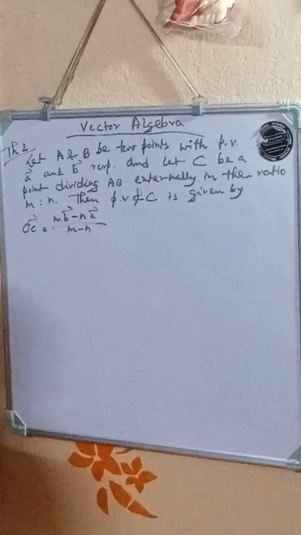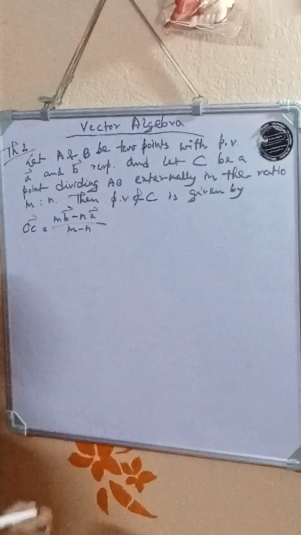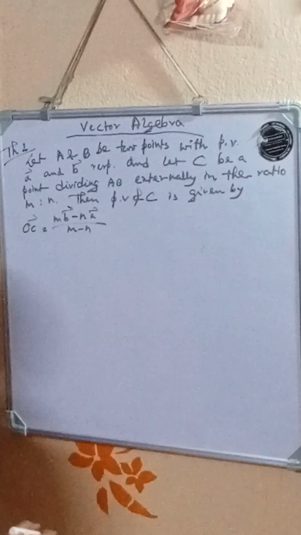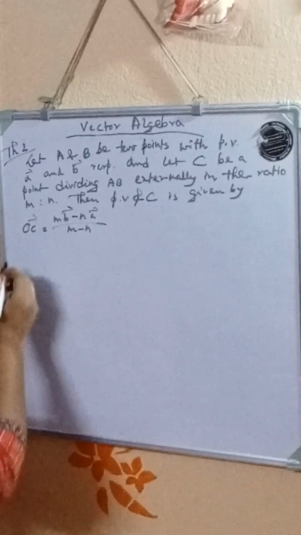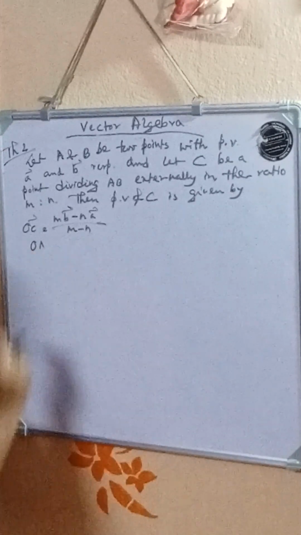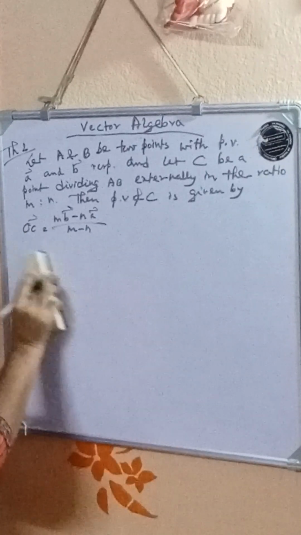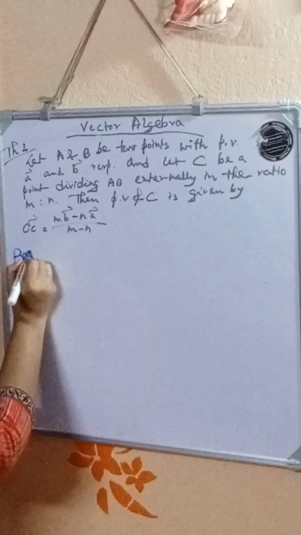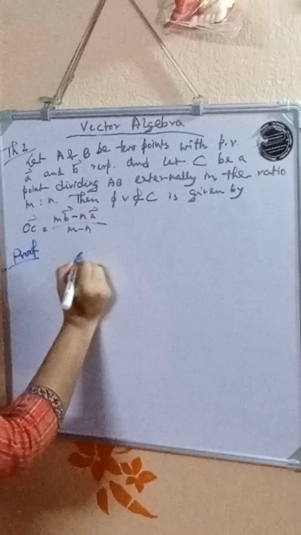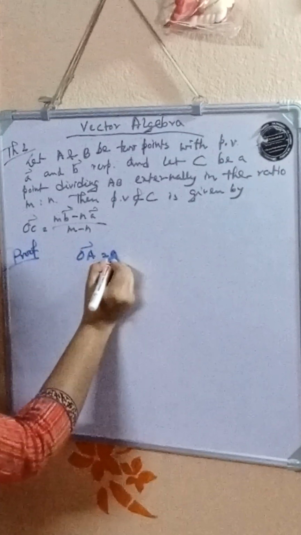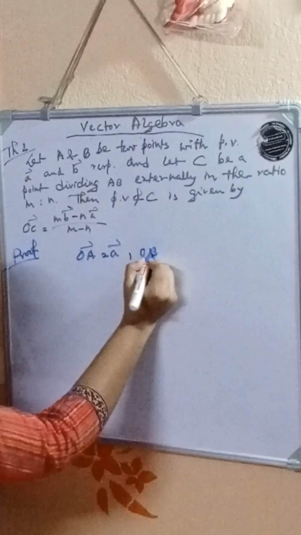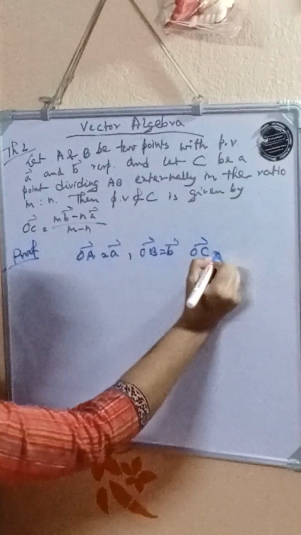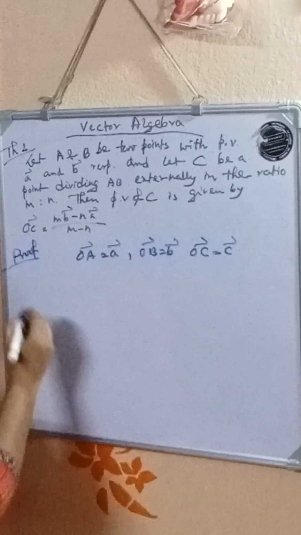Proof. OA vector equals A vector, OB vector equals B vector, and OC vector equals C vector.